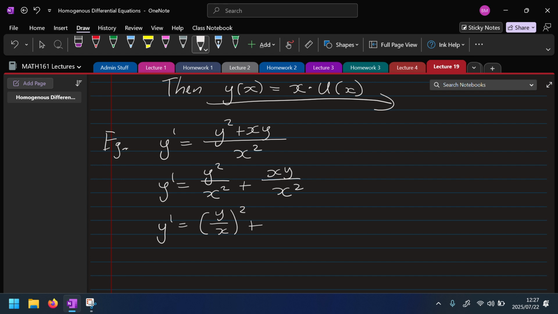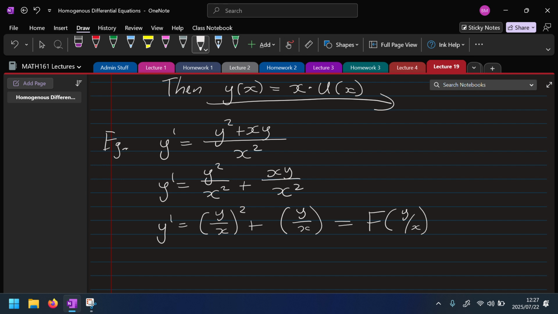Then we have an x at the top, x squared at the bottom, so we're left with an x at the bottom, so we get y over x. And this will be our function capital F of y over x. So you see we have y over x squared plus y over x. That's going to be our capital F.